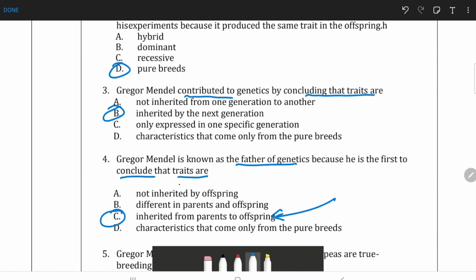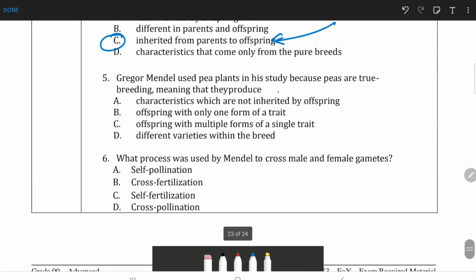And the last question, no, sorry, second last. Gregor Mendel used pea plants in his study because they are true breeding, meaning that they give rise to only one trait. We studied it already. The offspring will only form with one trait.